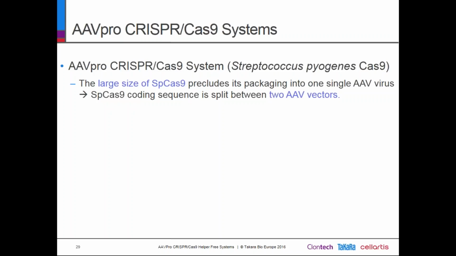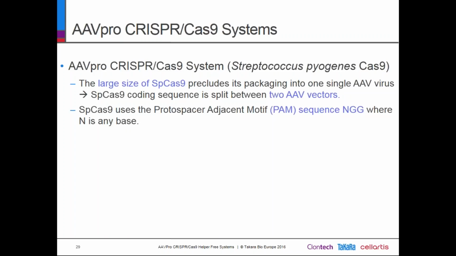So this large size cannot be packed into one single AAV virus, and that's why in our system the Cas9 coding sequence is split between two AAV vectors. SP-Cas9 uses the PAM sequence NGG, which is very frequent in the genome.